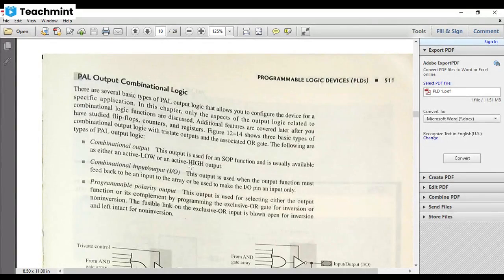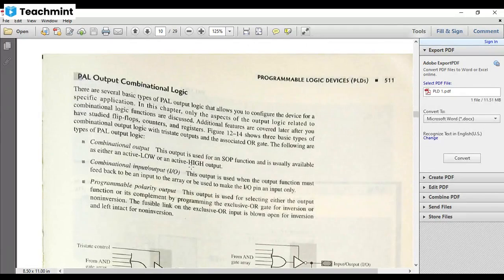So what is this logic output? The logic output has three different types. We can choose one of them depending upon the programming, and this programming is for different applications.